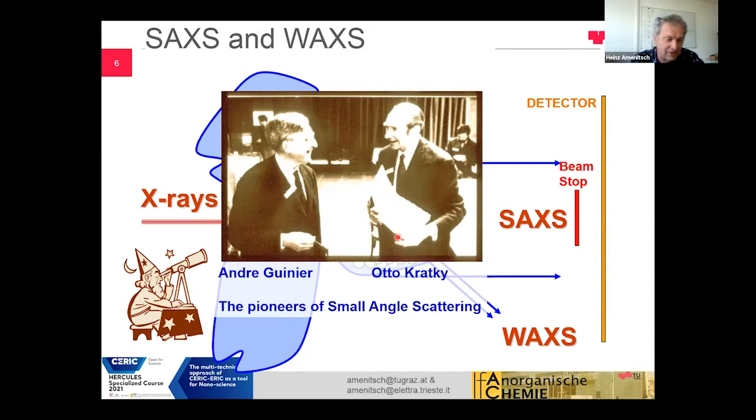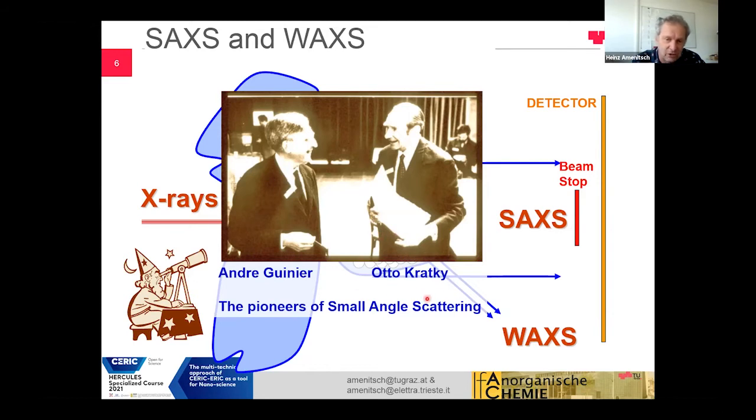Because if you look back, X-ray diffraction was applied immediately after the discovery of X-rays, in the early 20th century, and it took quite a long time to get small-angle X-ray scattering into the game. This is mainly due to instrumental difficulties in measuring the scattered intensity at these very low angles.